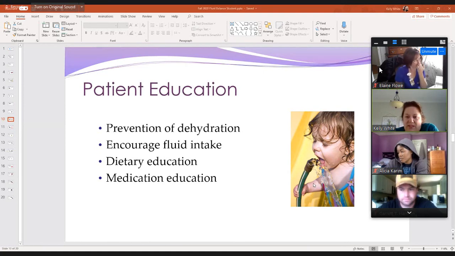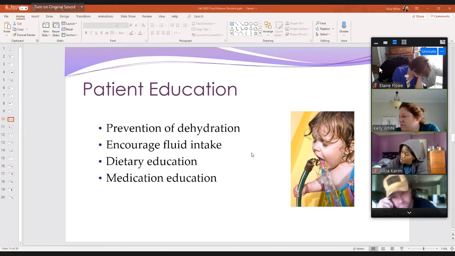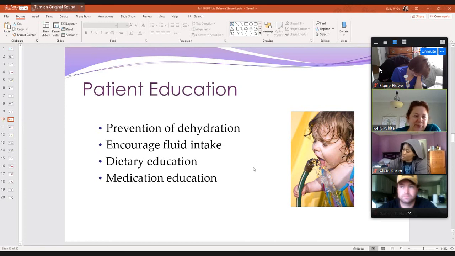We don't want them to take in lots of sugary drinks, and to avoid caffeine because of the diuretic effect, and to limit their intake to that BRAT diet until they get to feeling better. And then if it's due to overuse of diuretics or laxatives, we want to educate them on the proper way to take those medications.